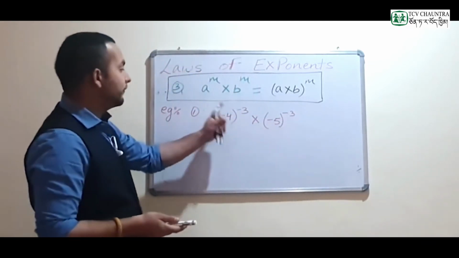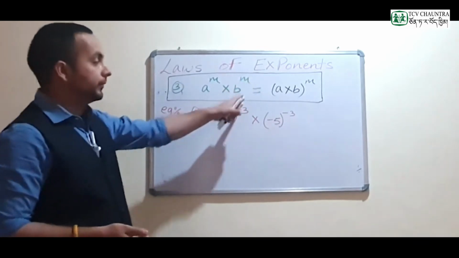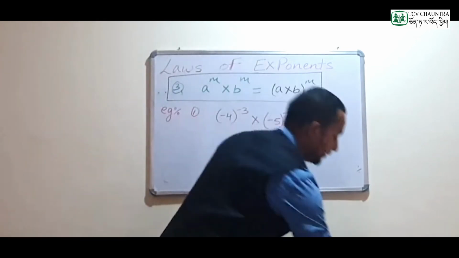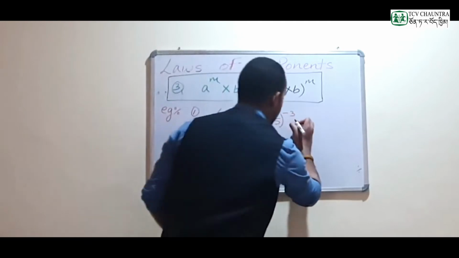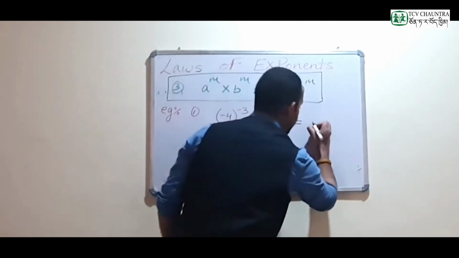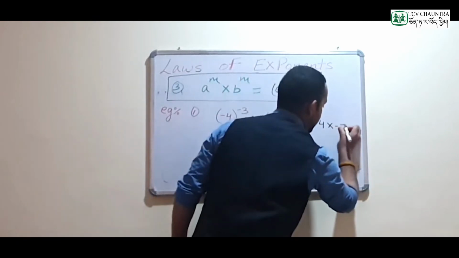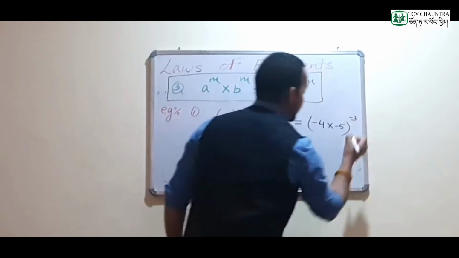Now this is in the form of a raised to the power m multiply b raised to the power m, which means you have to multiply the base first. So different bases but the power is the same. So your first base is negative 4 multiply second base is negative 5 and the whole power is negative 3.